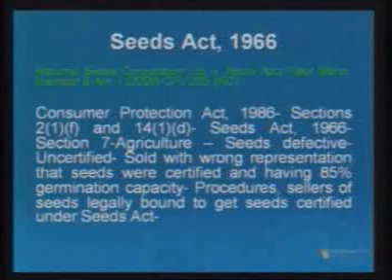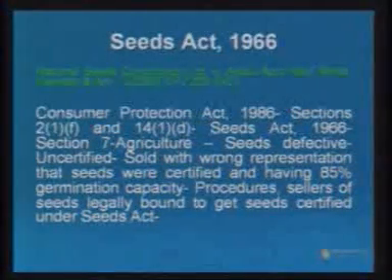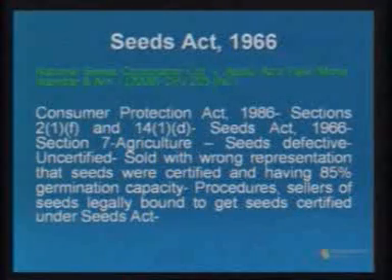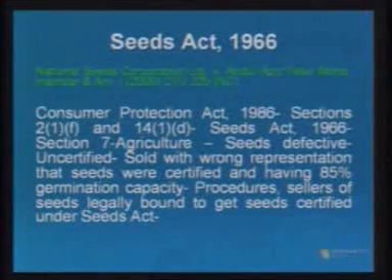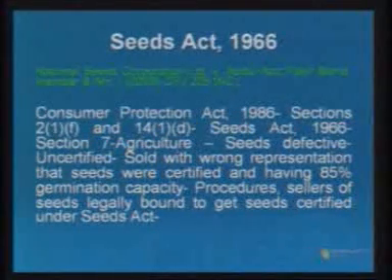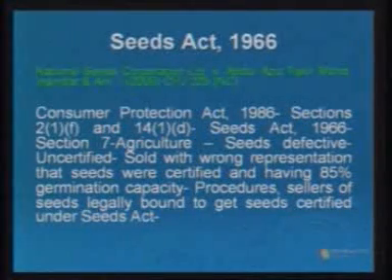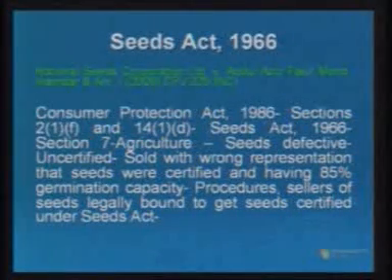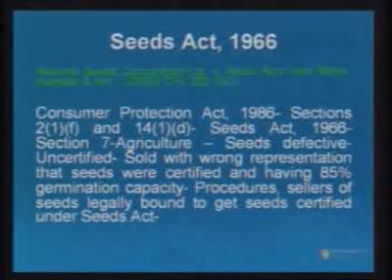Number one, the seeds were defective and uncertified, but at the time of sale the department claimed that they were certified. Later on it was found the seeds were defective, and as a result the farmer could not get the record quantity of crop from that particular area.